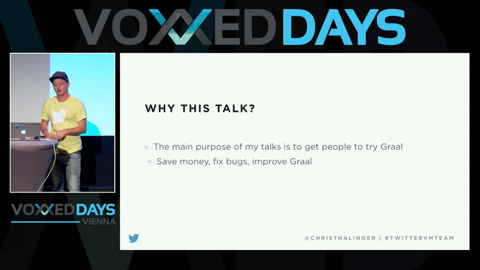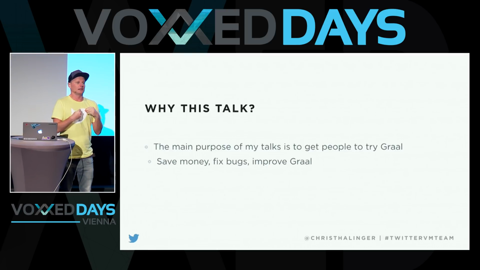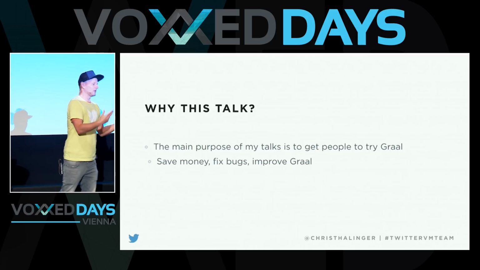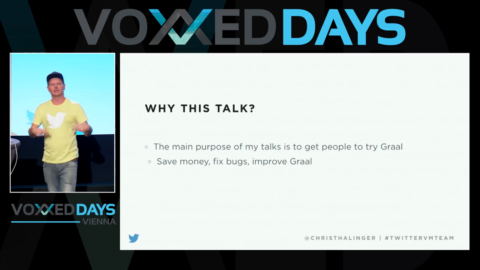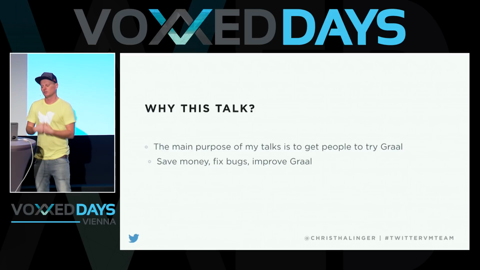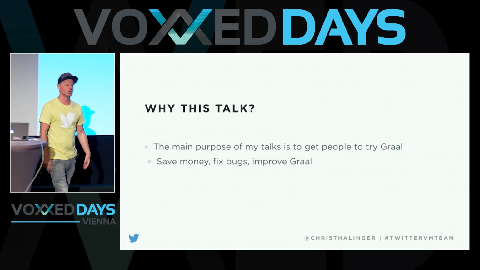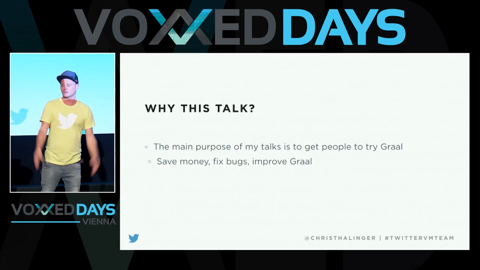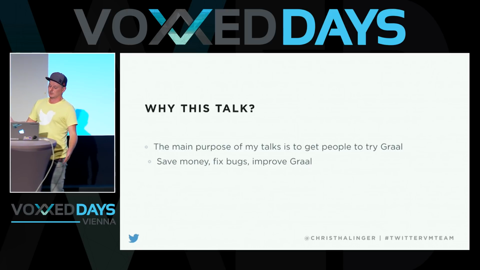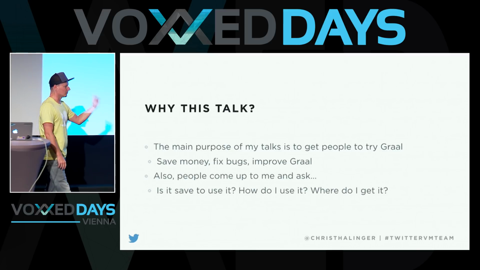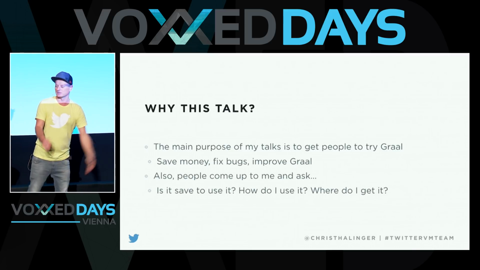That would be my other talk. But I want you to see how easy it is to just download a JDK and turn it on and try it out, so that eventually maybe you can save some money, that we all as a community can save bugs, and also potentially to improve Graal. If we run more code with it, we can improve on whatever it does, optimizations and so on.